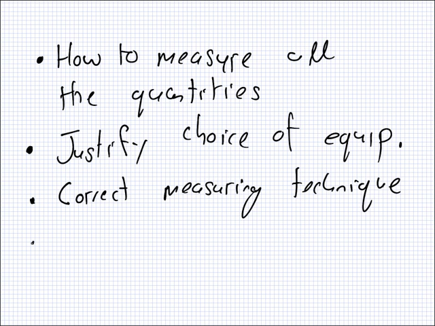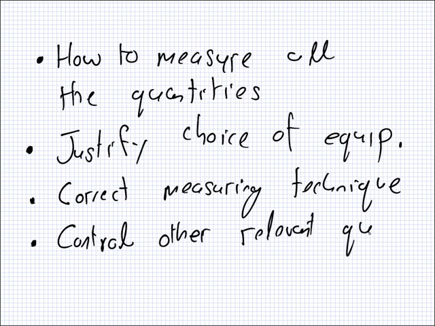Now, control other relevant quantities. So these are other variables in your experiment that might interfere.